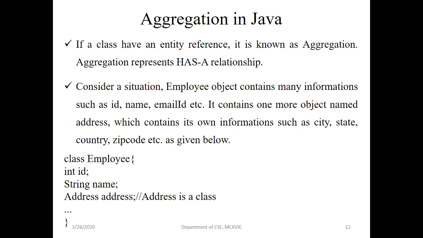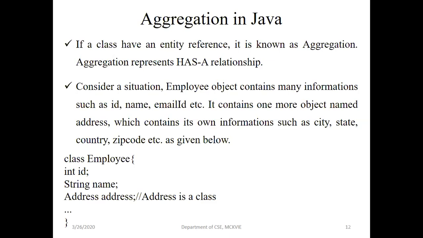I mentioned earlier that inheritance is the concept of an is-a relationship. Java also supports has-a relationships, which is called aggregation. Look at how aggregation can be implemented in Java.